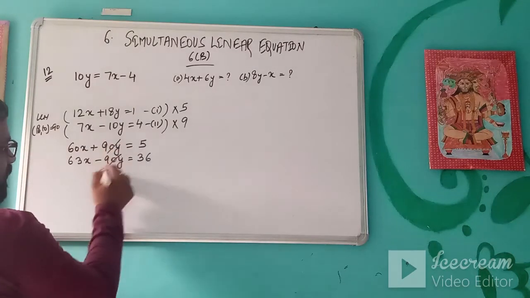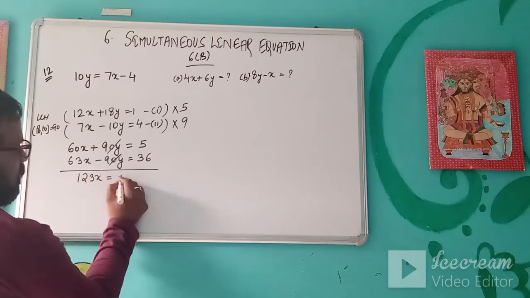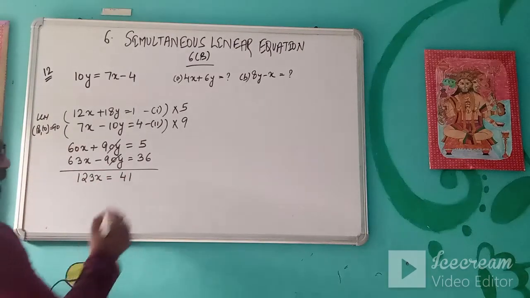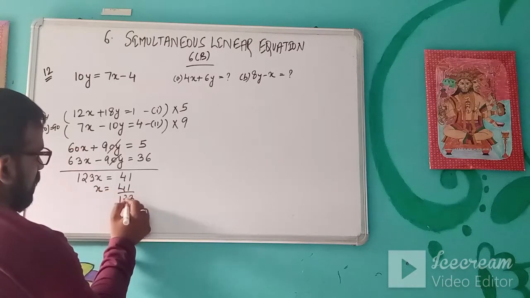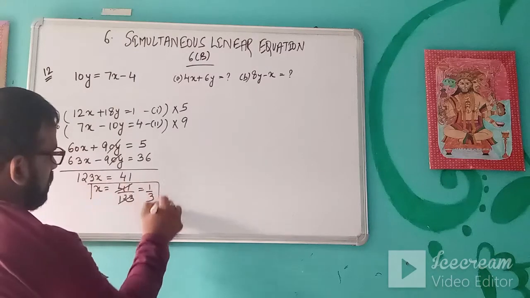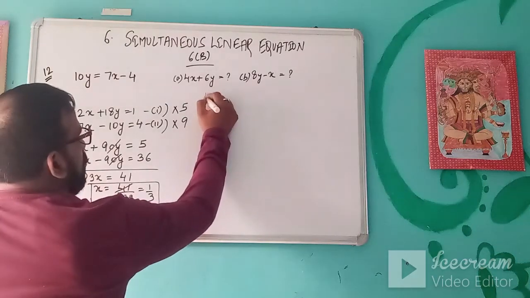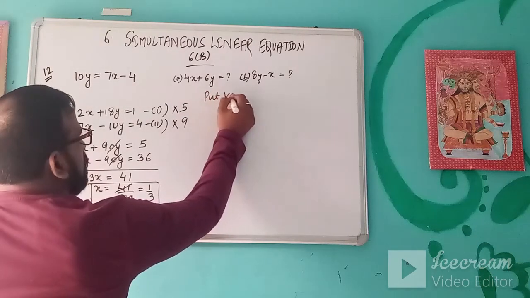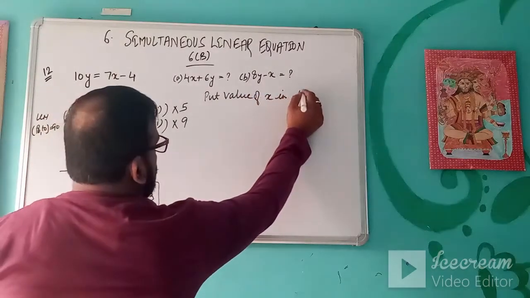So when we add, we will get 123x equal to 41. So what is x? 41 upon 123, that is 1 by 3. Okay, so this is our x. Now we will put the value of x in the first equation.